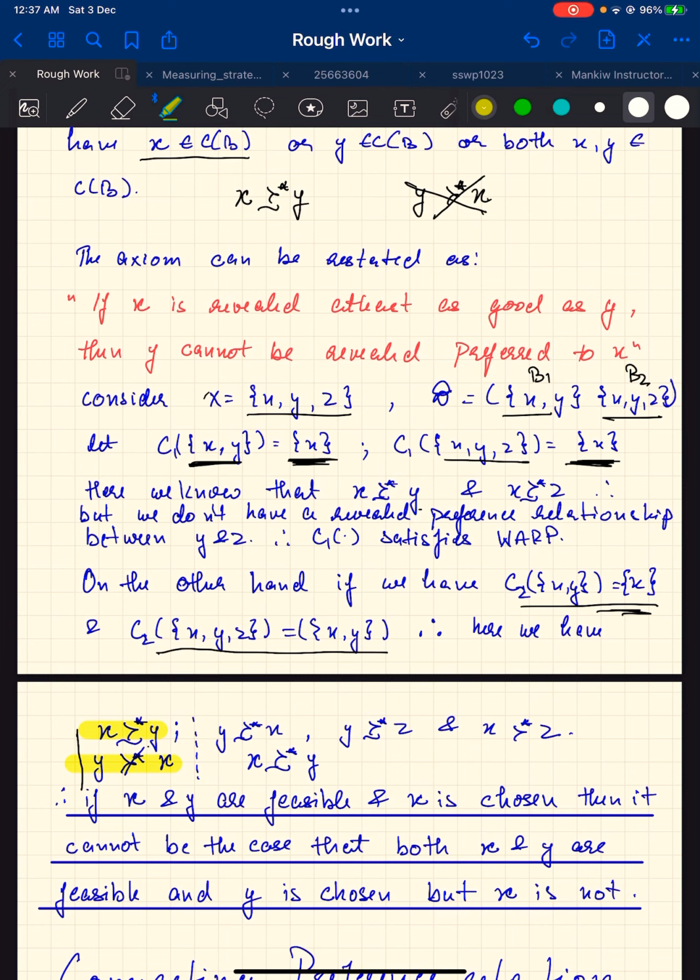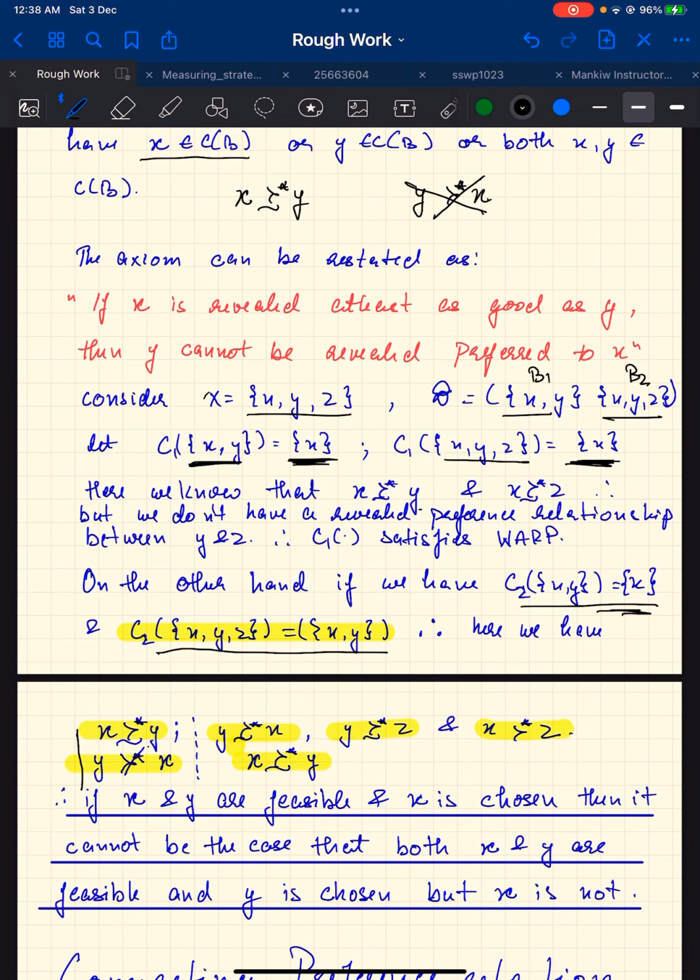At the same time, what does this mean? When faced with a choice between X, Y, and Z, the individual choosing X and Y both means X is revealed as good as Y and Y is revealed as good as X. Also, Y is revealed as good as Z and X is revealed as good as Z. So, based on this choice structure, we have Y is not revealed preferred to X, and Y is revealed at least as good as X. So we can't have both of these together.